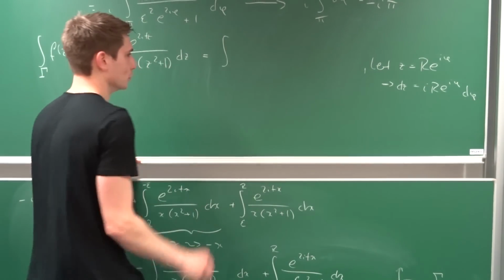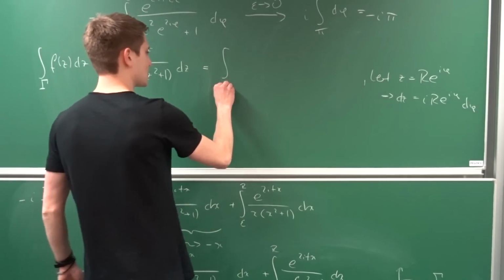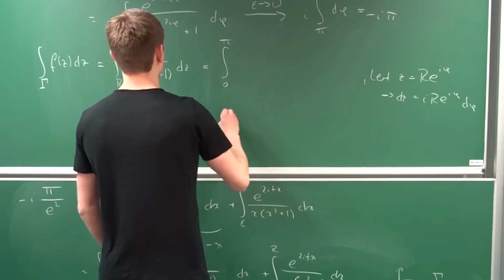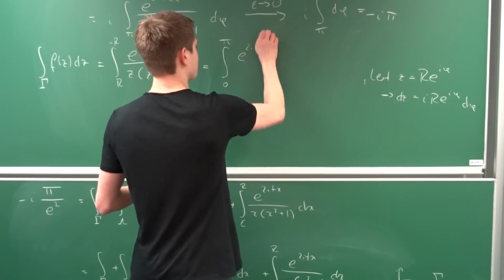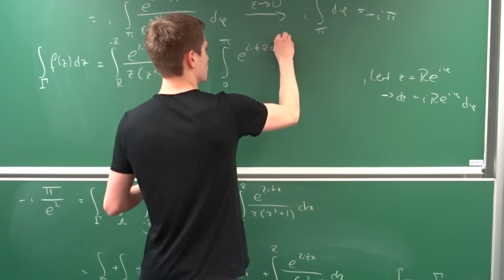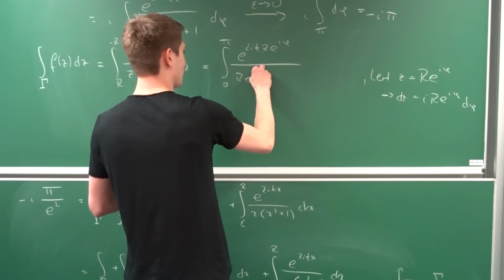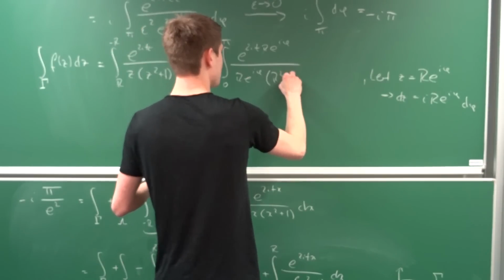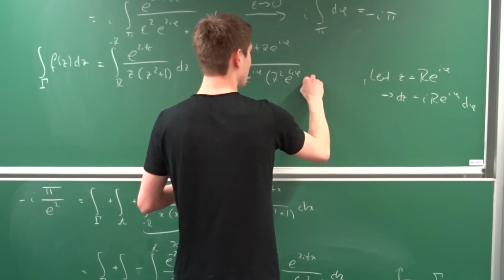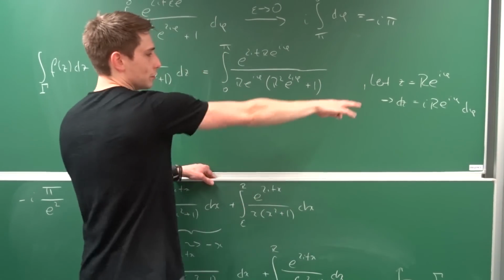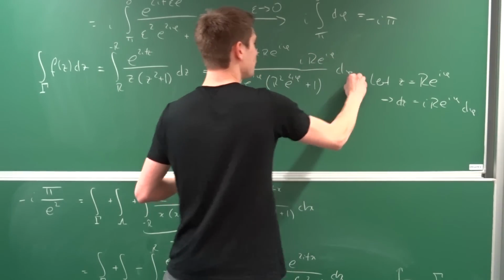This is now the integral from, okay, upper and lower bound, same spiel as here, but this time it goes from 0 to pi of, okay, now we have e to the 2I t times r e to the I phi over, now we have r e to the I phi r squared e to the I phi, but with a 2 up here in the exponent, plus 1, and also we have this chunk, I times r e to the I phi d phi.